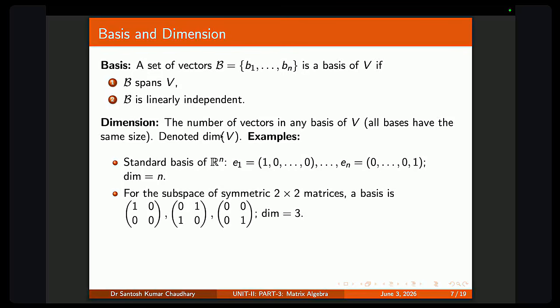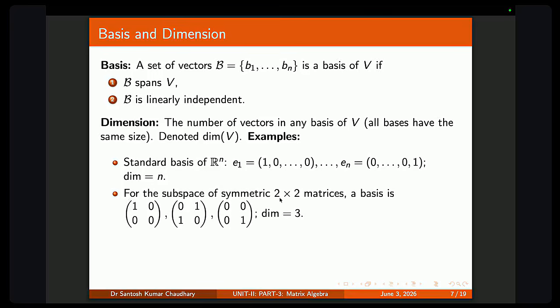And you know, the basis is not unique, but the number of elements in the basis must be unique. Whatever basis you take, the number of elements will be common. So here we have E1, E2, En as vectors. They are linearly independent, and they also span the vector space, and that's why they form a basis, and the dimension of that vector space will be n.